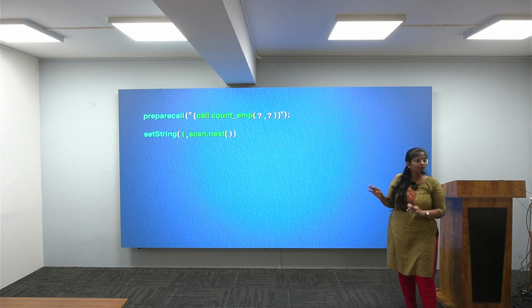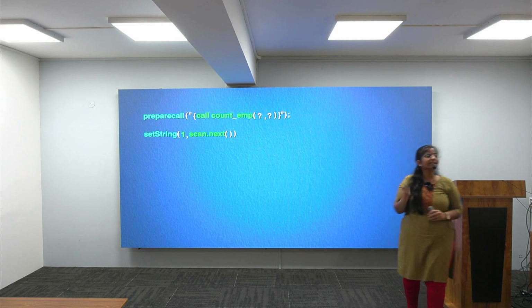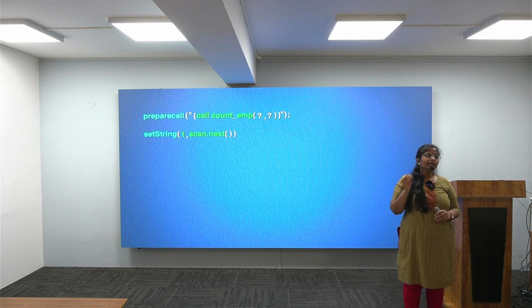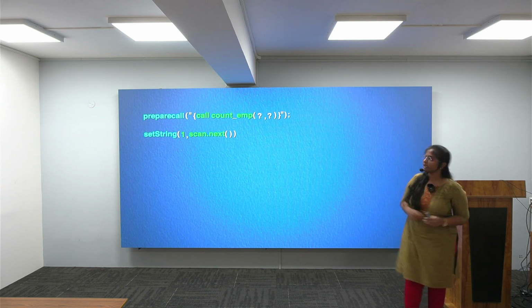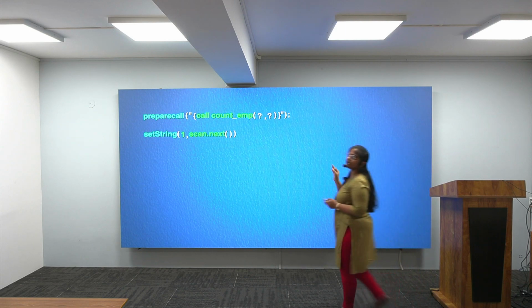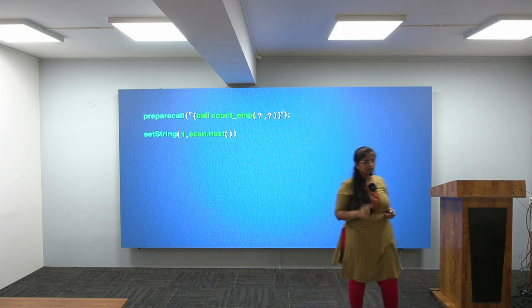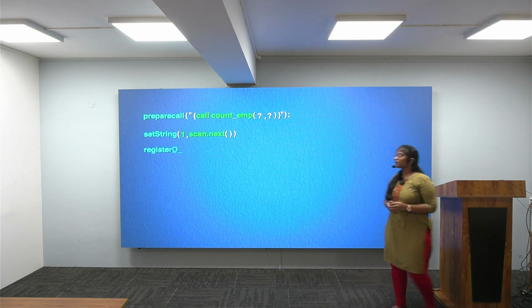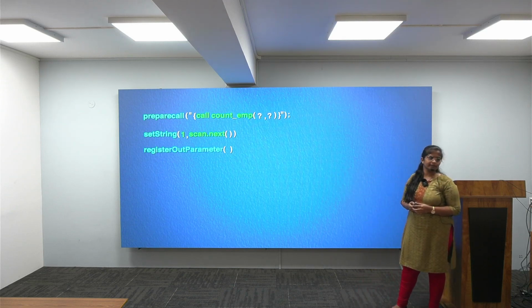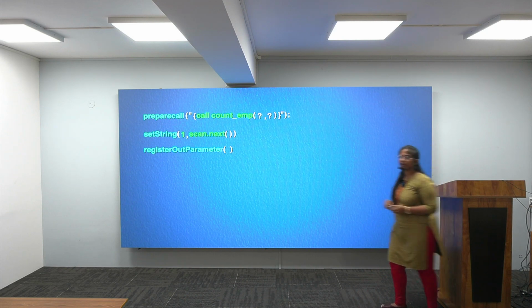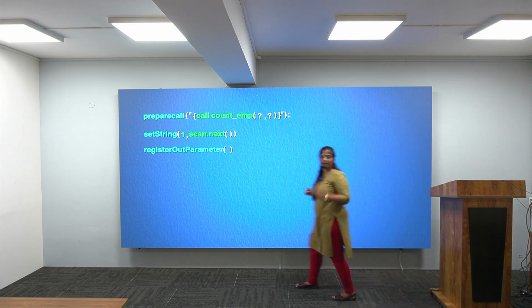But what you need to be doing is, you need to set the data type of the output parameter. How can I set it, if you ask me? There is one method available using which you can set the data type for your output parameters. What is the method? registerOutParameter is the method available using which you can set the data type for the output parameter. Again, it accepts two parameters.